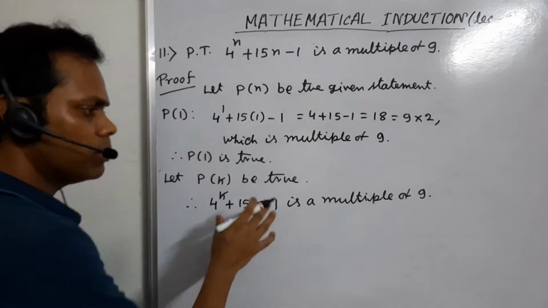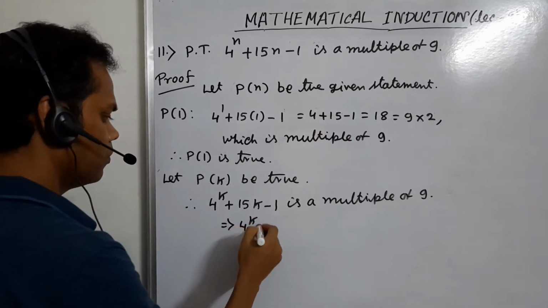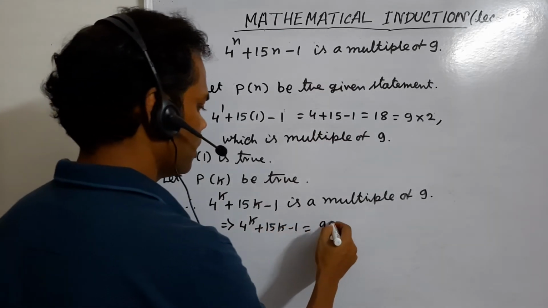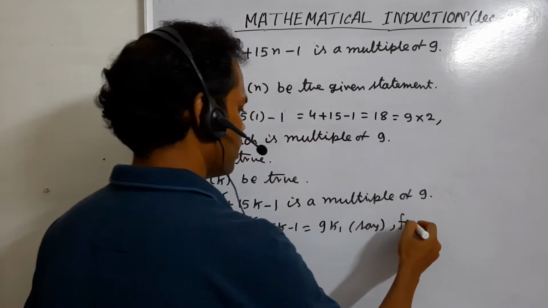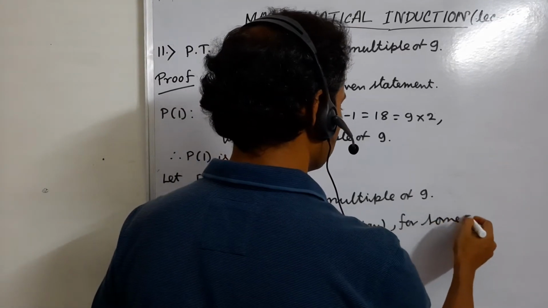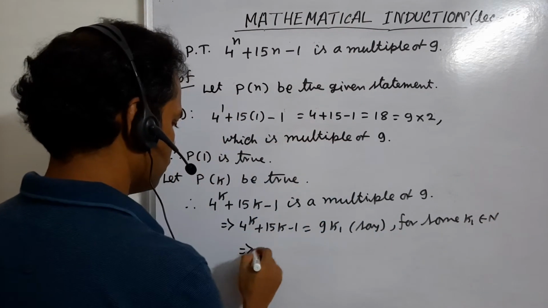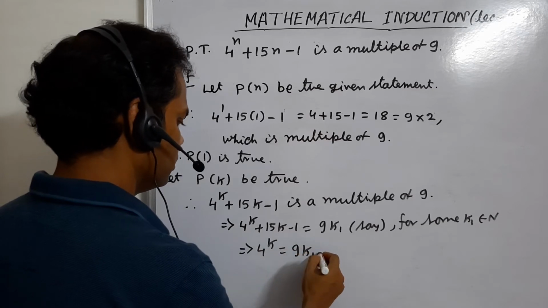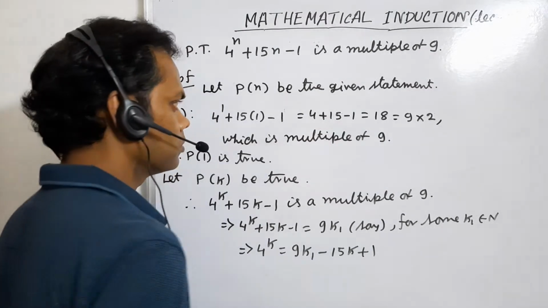If that one is a multiple of 9, then 4 to the power k plus 15k minus 1 equals 9 into k1, say, for some k1 belongs to N. So 4 to the power k equals 9k1 minus 15k plus 1.